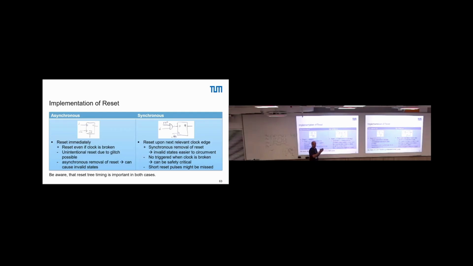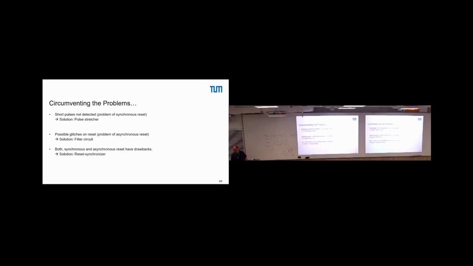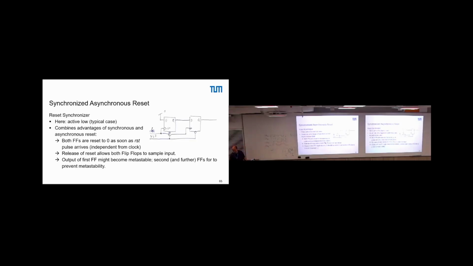So these are two different edges of our reset signal that are beneficial. And now we can combine the two. For the other two things that I bring in the next slide, you would go for an analog design typically, to avoid too short pulses or too long pulses. So what we can do is we can put something called a reset synchronizer.